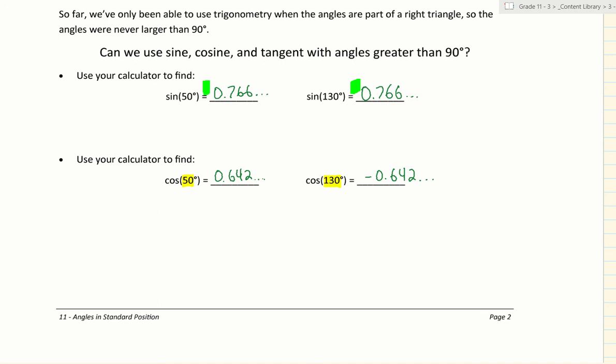I will tell you that 50 and 130 are connected in some way. But why is it that for sine they're both positive, but for cos one's positive and one's negative? The same was true with tan. That's what we've got to try and figure out. And in order to do that, we're going to look in the next section at what an angle is in standard position.